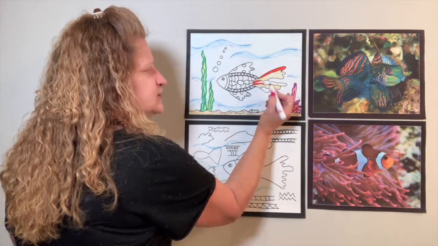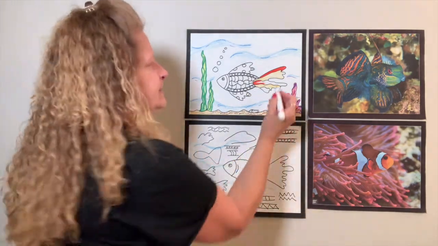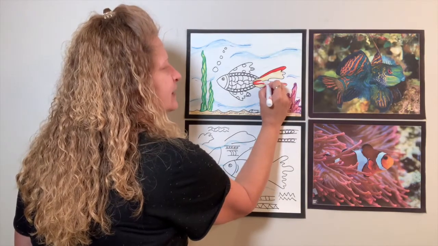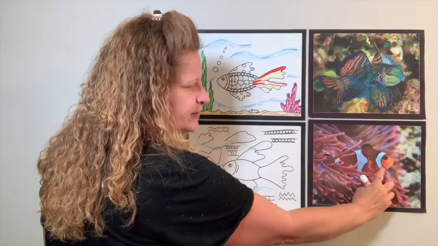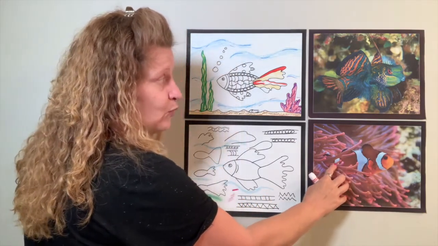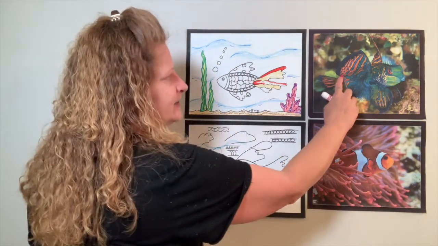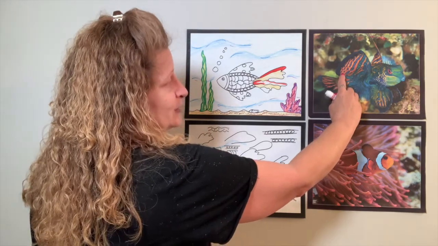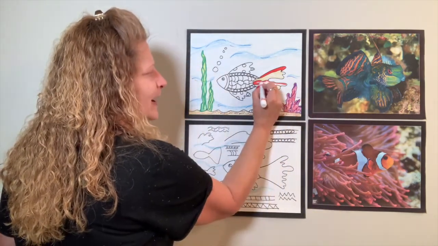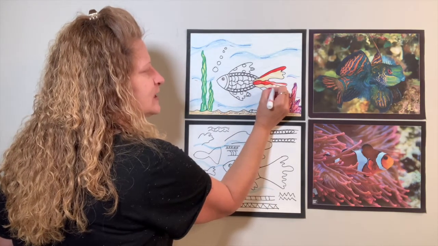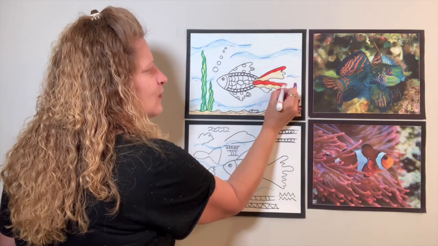I just want you to make sure that you focus on making some patterns on your fish, because a lot of these tropical fish have patterns. Orange, white, orange, white, orange, white patterns. Here are some blue, orange, blue, orange, blue, orange going across. Lots of patterns on these tropical fish that live under the water.